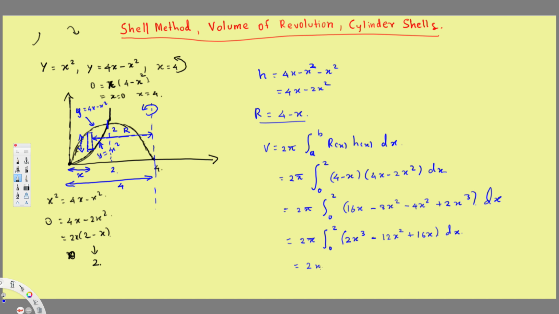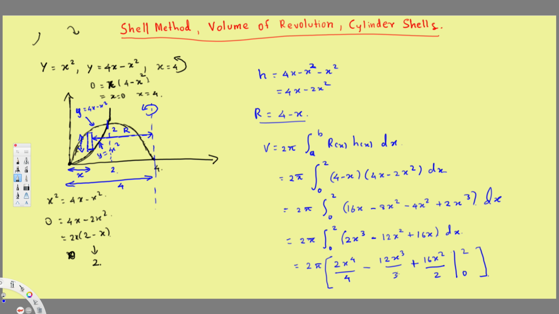So 2 pi, if I integrate this one, this is going to be 2x to the power 4 divided by 4 minus 12x cubed over 3 plus 16x squared over 2, going from 0 to 2.